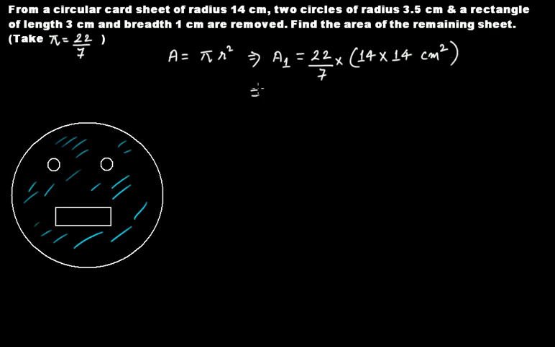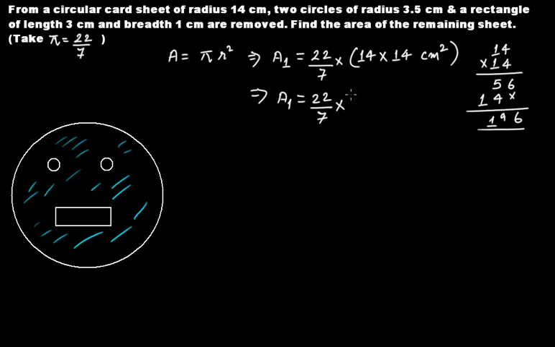Now A1 is equal to 22/7 times, if you multiply 14 with 14, it comes as 196 centimeter square.